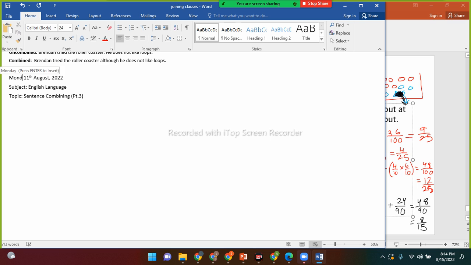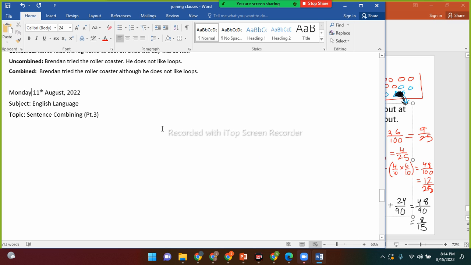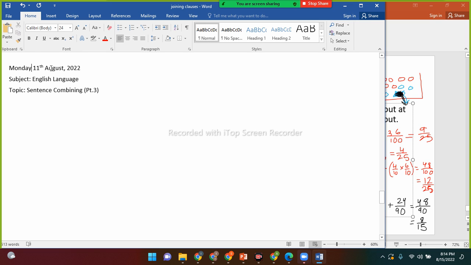Today is Monday, the 15th of August. And we're looking at sentence combining, but this time it's part 4. So let's begin with the key concept. Let me reduce this.